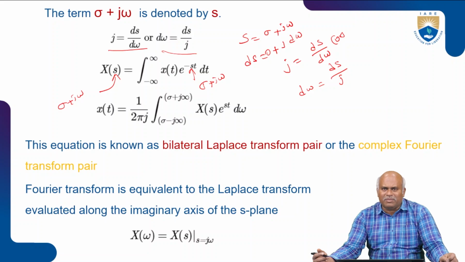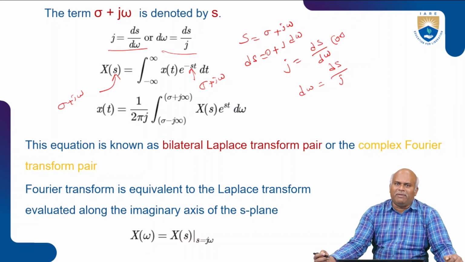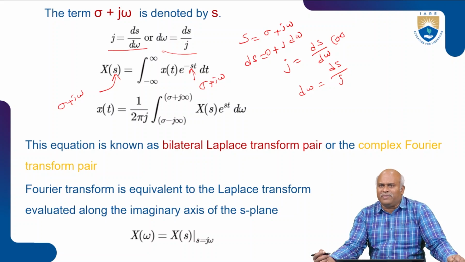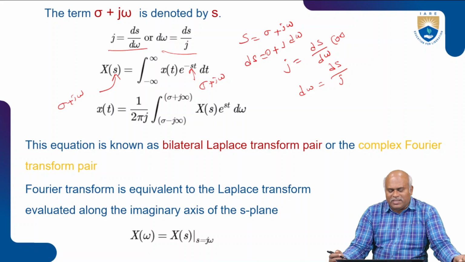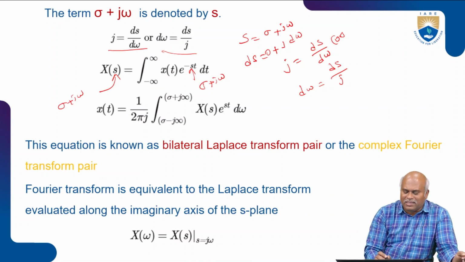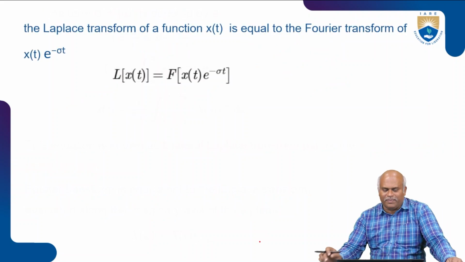The Fourier transform is equivalent to the Laplace transform evaluated along the imaginary axis of the s-plane, so X(omega) is equal to X(s), where s is equal to j omega.